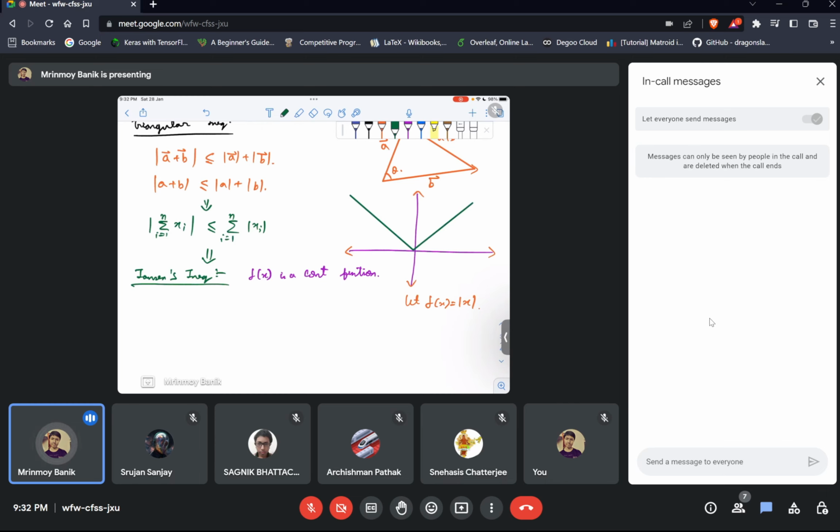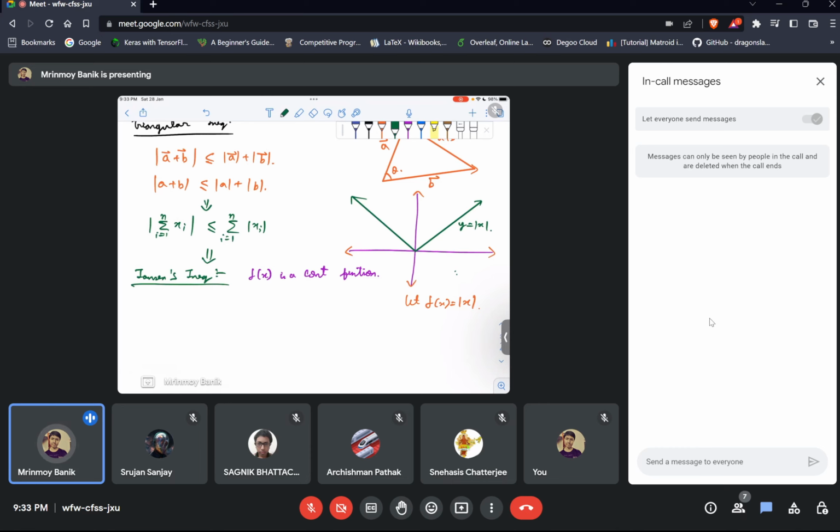This is just a pair of 45-degree lines, x equals y and x equals minus y. So this is obviously convex.